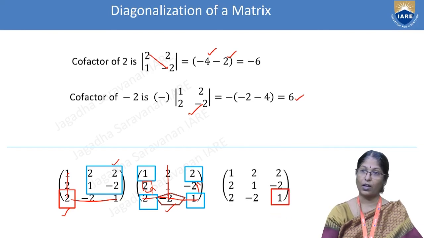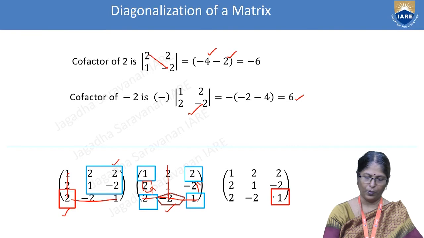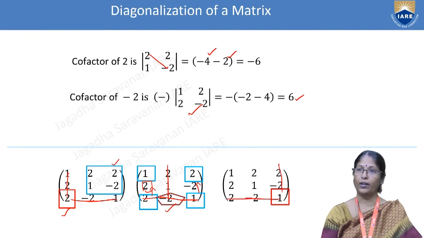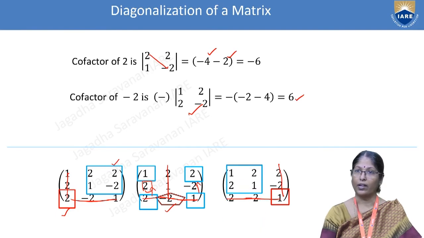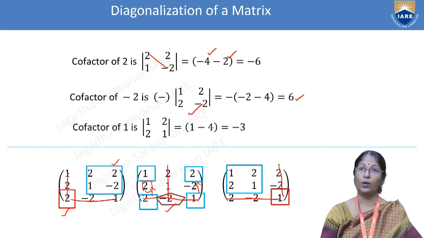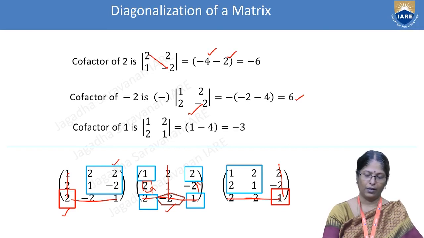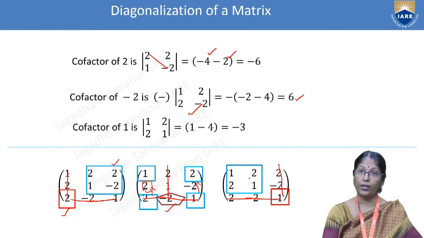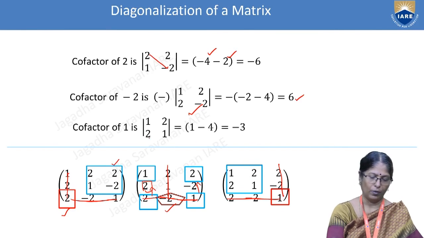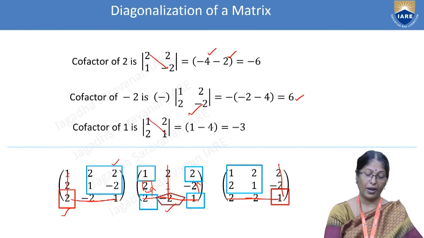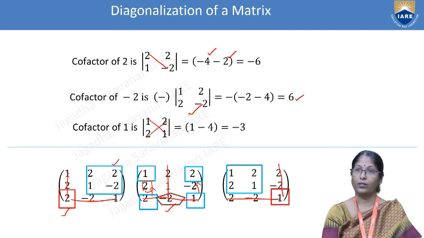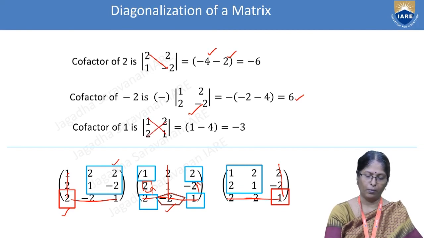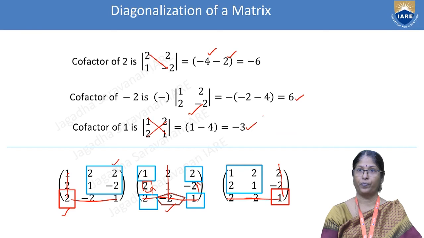Now this is the last position. So we know this one, we are neglecting it. This is the rectangle, and we have to do the cross multiplication. So now the cofactor of this one is the determinant: 1, 1 minus of this, it's 1 minus 4 equal to -3.